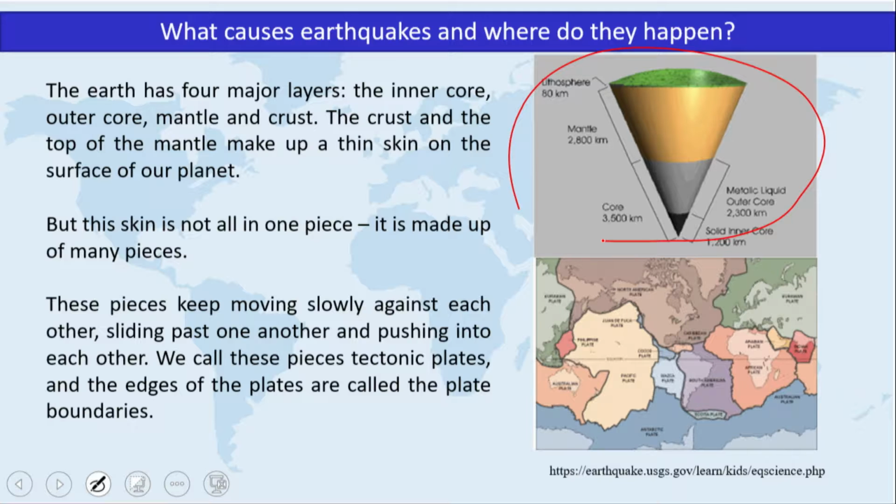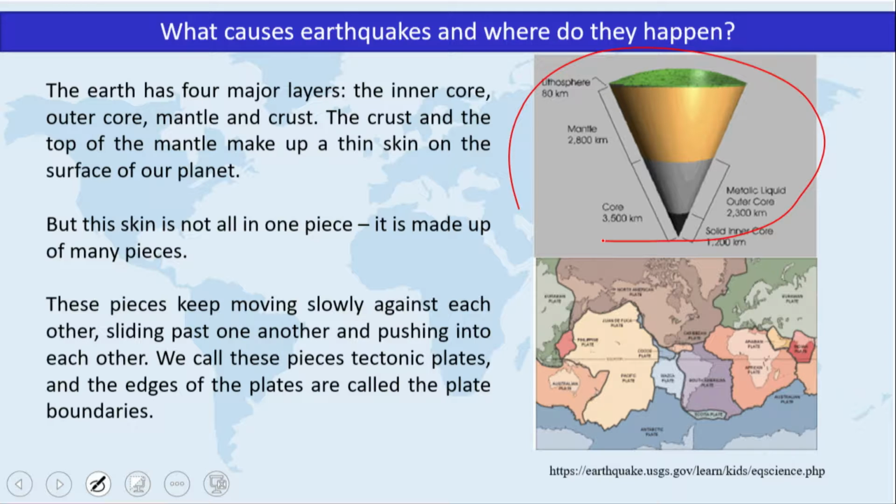and the mantle is about 2,800 kilometers, and on top of that, the thin layer of 800 kilometers, that's the top portion of the mantle, and the lithosphere is floating on this molten mantle.